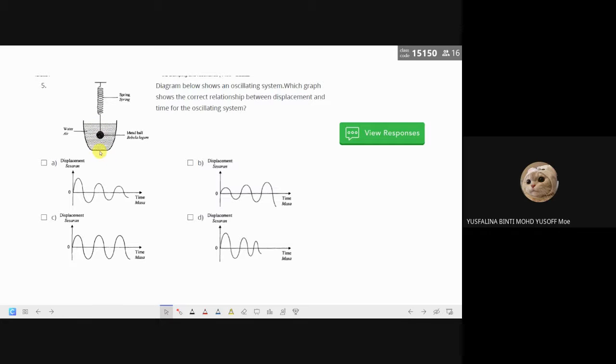The water friction means energy will be lost, because if you want to oscillate, you have to overcome the water friction first. So there will be energy loss to overcome the water friction. So the answer should be A. The answer is A.